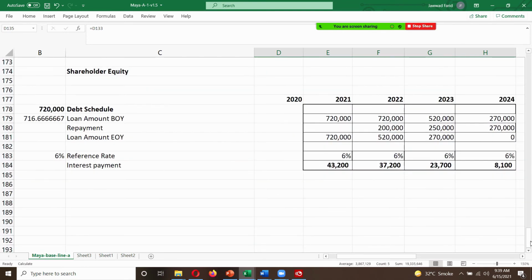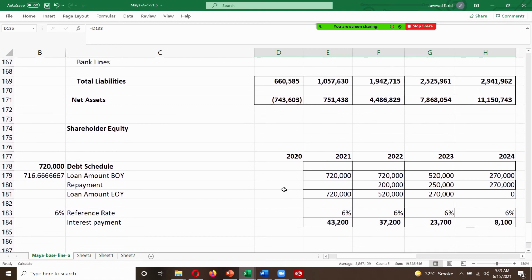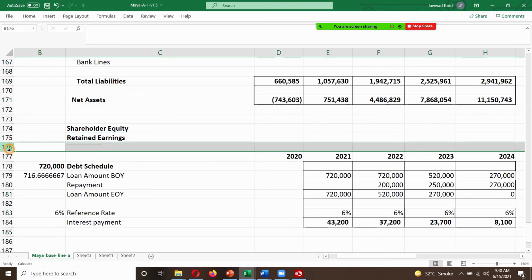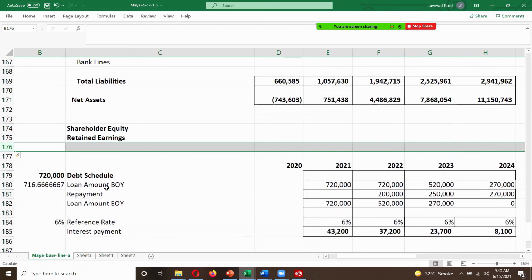So if I go back to equity, my shareholder equity, one part of shareholder equity is retained earnings. So what is retained earnings? Retained earnings, whatever we made, we've reinvested back in the business. We haven't taken any money out. We haven't given ourselves a big thick fat dividend.